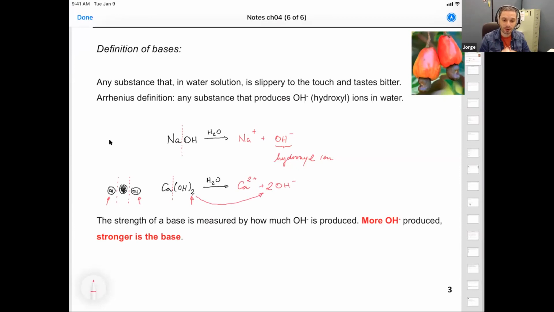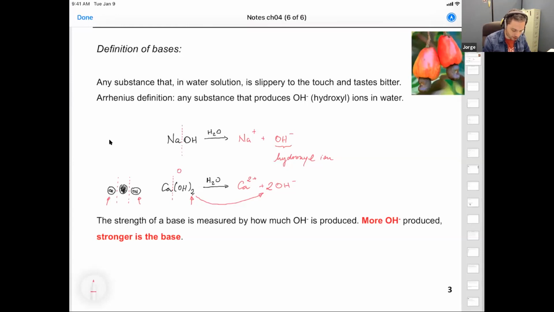So be very, very careful when we have more than one hydroxyl ion in the composition of the compound. Another strategy that you can use to figure out how many hydroxyl ions you are going to produce is to look at the net charges. Calcium hydroxide has a net charge equal to 0.